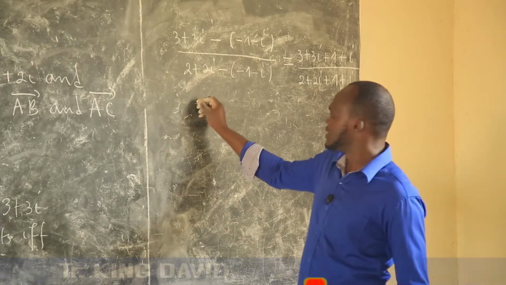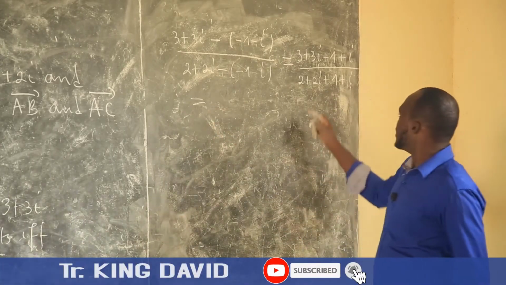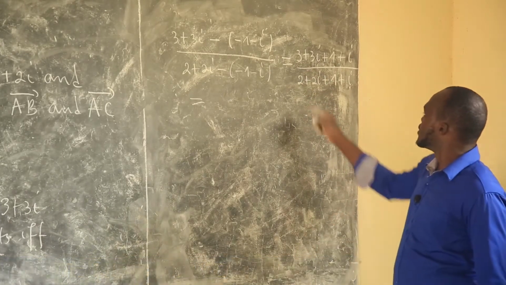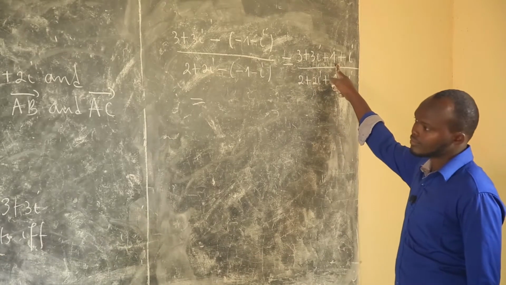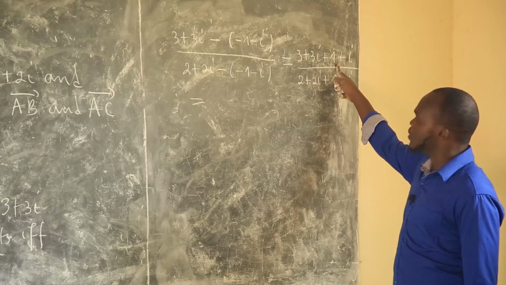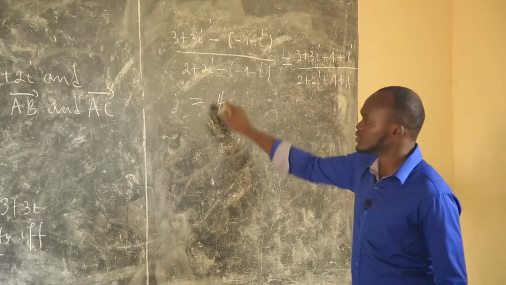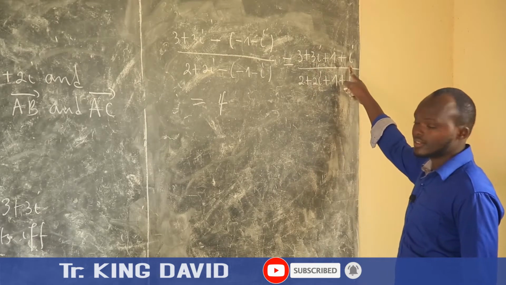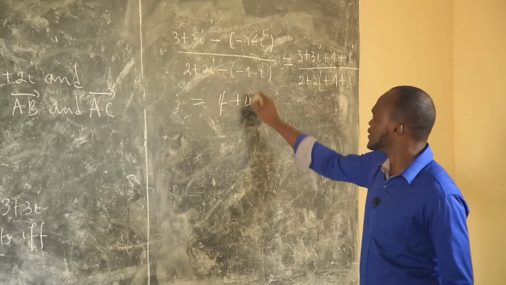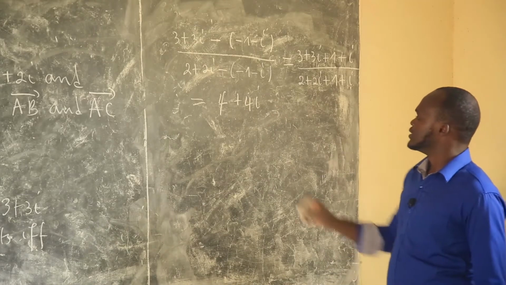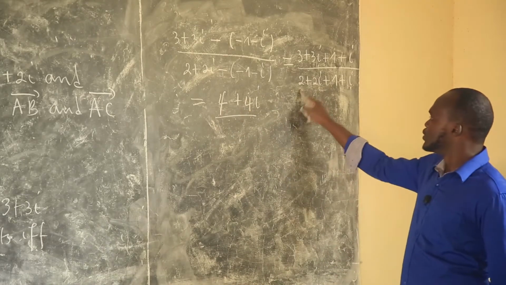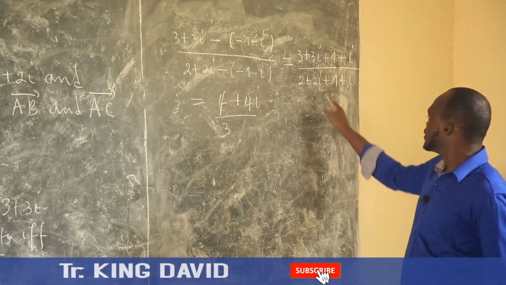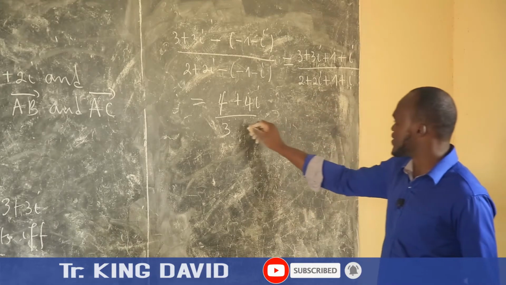So now the answer is 3 plus 1, that is 4, 3i plus i, that's 4i, divided by 2 plus 1, that is 3, 2i plus i, that's 3i.